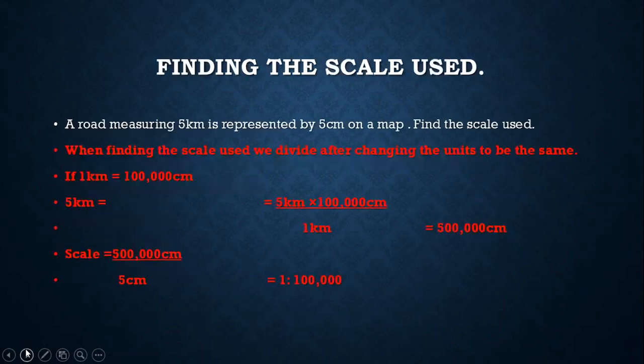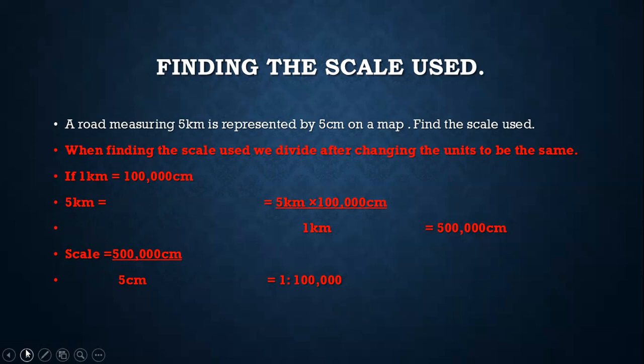If we continue, the first thing that we're going to tackle together is how to find the scale used. In the exam, whether you're in class 7 or class 8, you will always find a question that asks you to find the scale used. For example, a road measuring 5 kilometers is represented by 5 centimeters on a map.